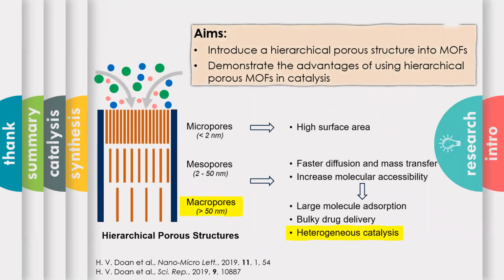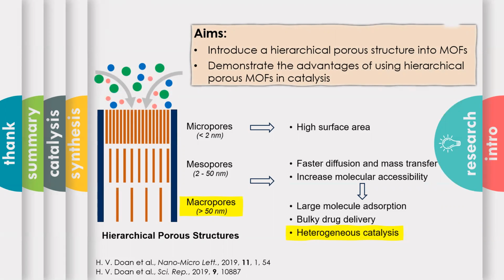In this study, we are interested in hierarchical pore structures where mesopores or macropores can be introduced into microporous MOFs. This idea can help, on one hand, to maintain high surface areas, and on the other hand, to speed up diffusion and mass transfer.